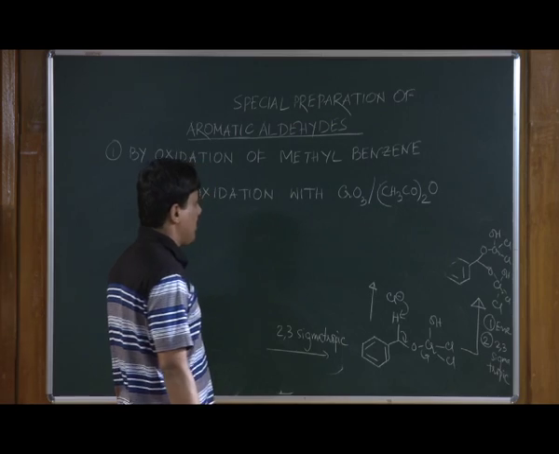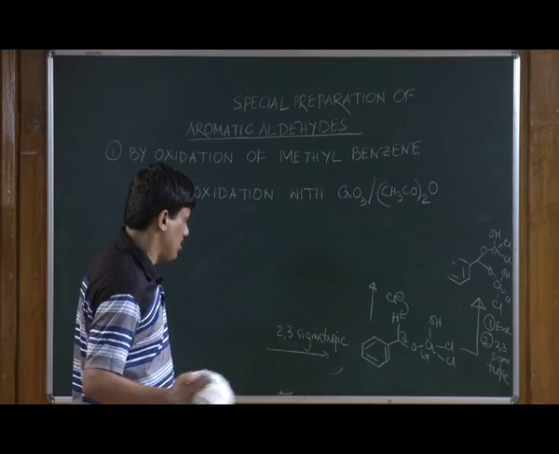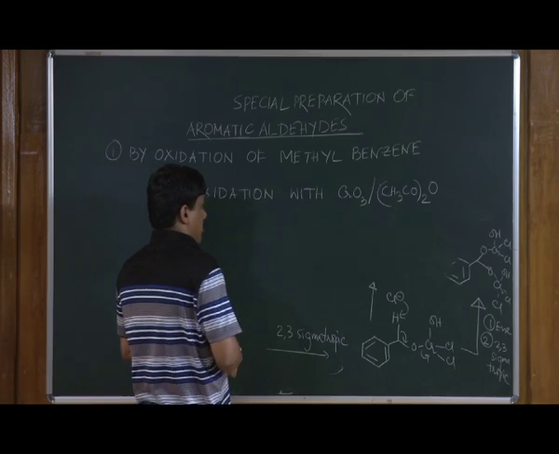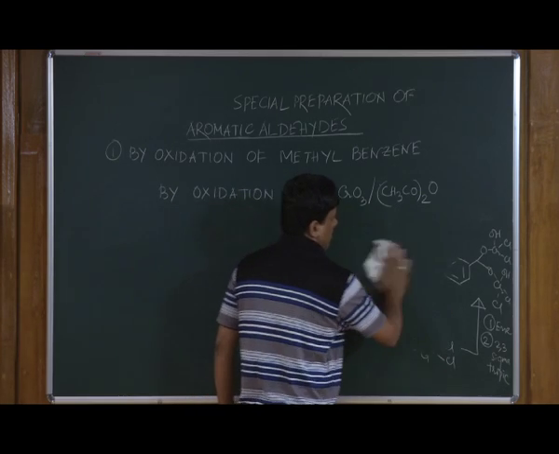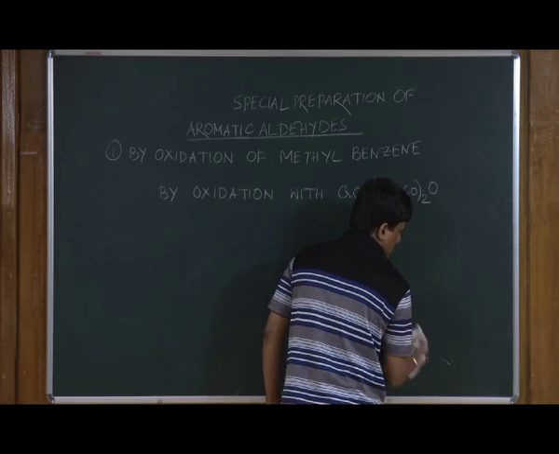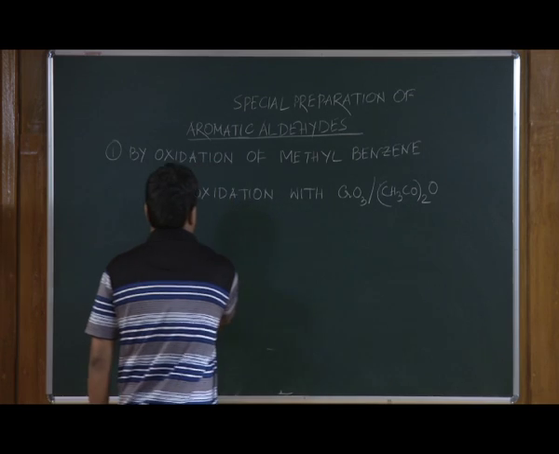Chromium trioxide in acetic anhydride is also a good reagent for the oxidation of methyl benzene to benzaldehyde derivatives.